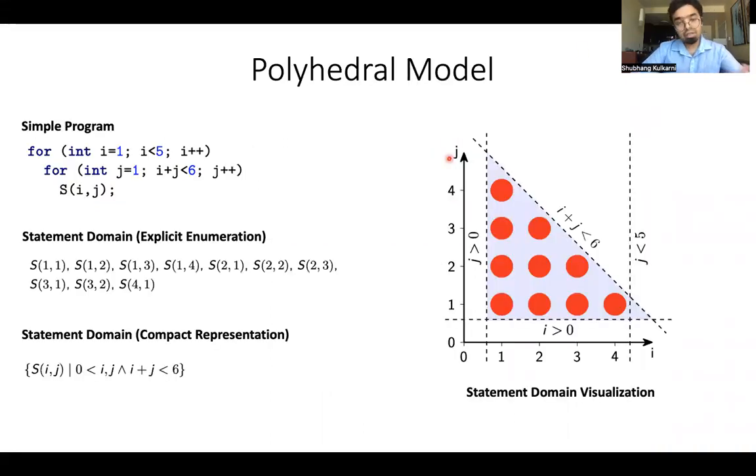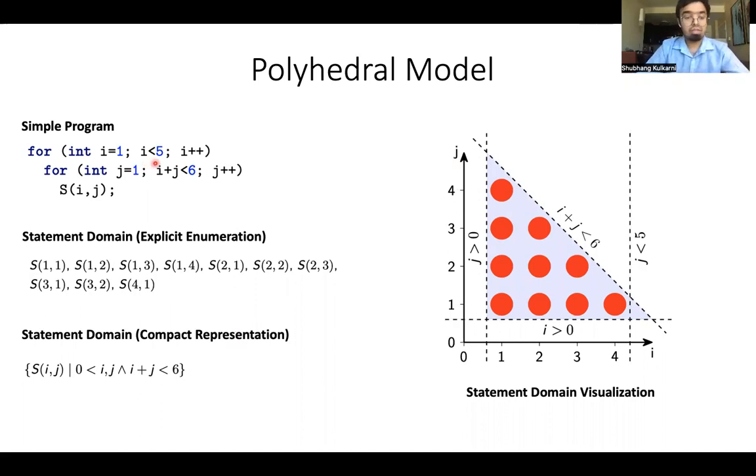All right, so our story begins with the polyhedral model. These are powerful abstractions for representing programs using polyhedra. As a very simple example, consider the program on the left, which is just a nesting of two for loops. You can compactly represent the statement domain, which is the domain for the iterators, using affine inequalities that come from the bounds of these iterators.